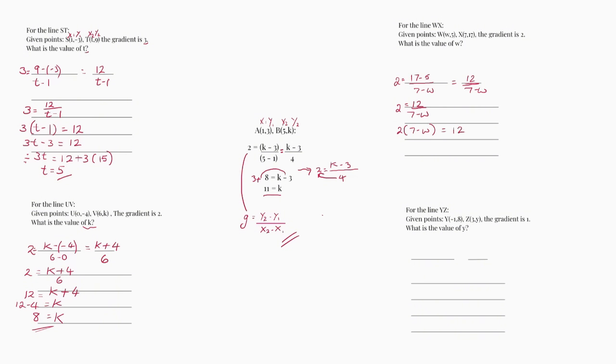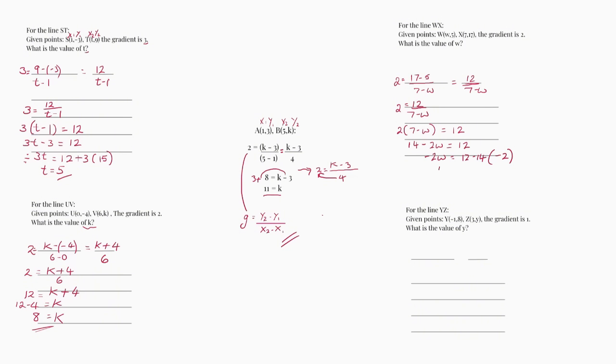Yeah, nice equation. So 2 times 7 is 14 minus 2w equals 12. And then we need to get w on its own, don't we? So I'm going to move the 14 over to the 12. So now we've got left over here minus 2w, and 12 subtract 14, because it was a plus, gives us minus 2.